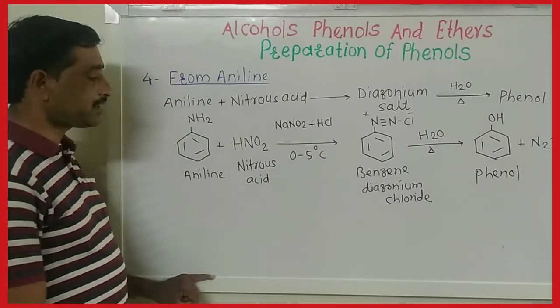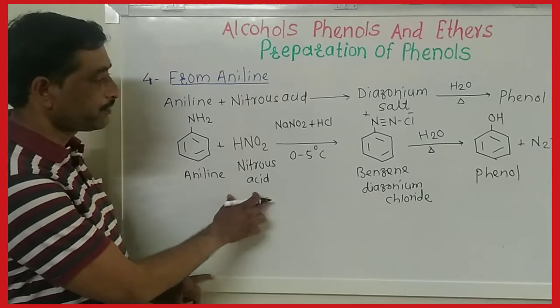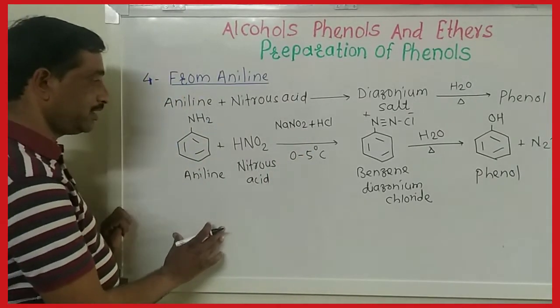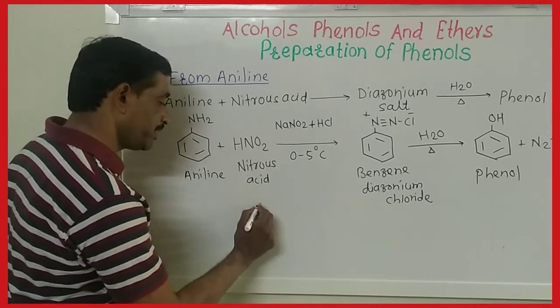First, aniline is treated with nitrous acid. Nitrous acid is prepared from NaNO2 and HCl. Let us see how it is prepared.